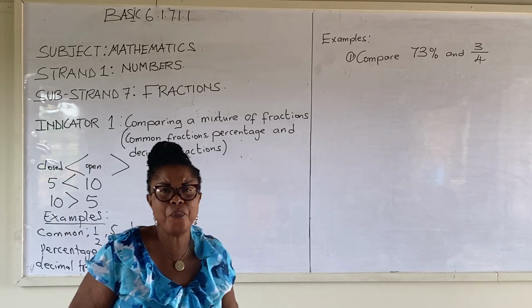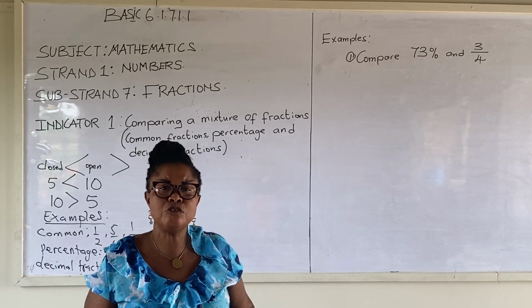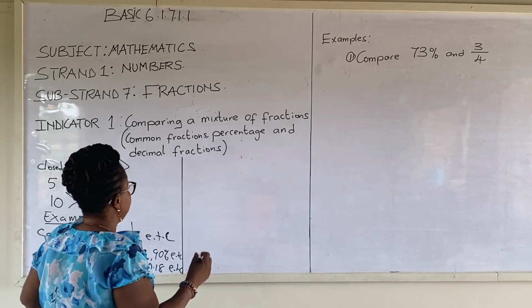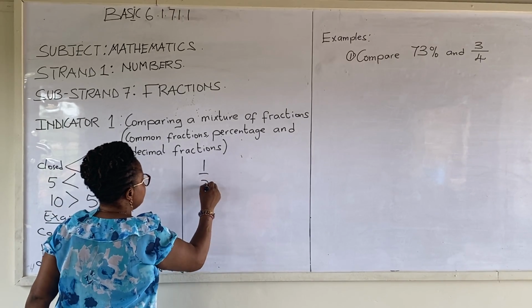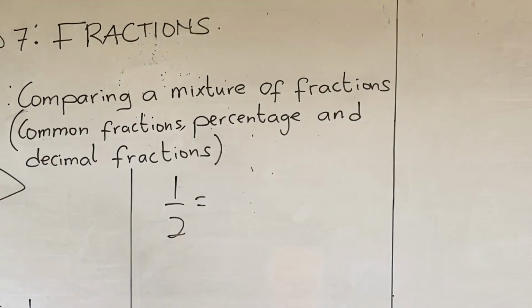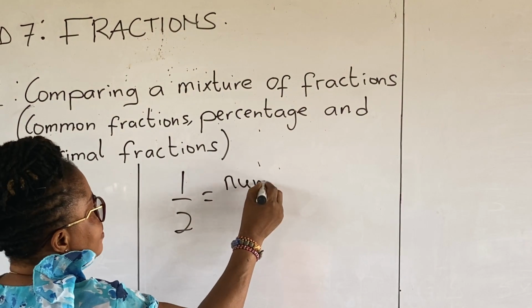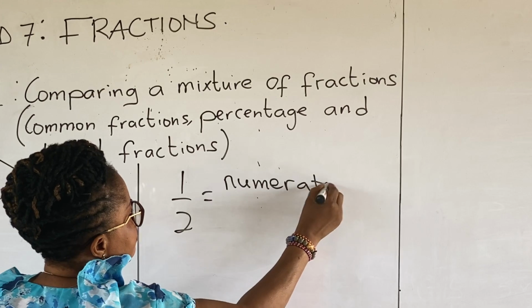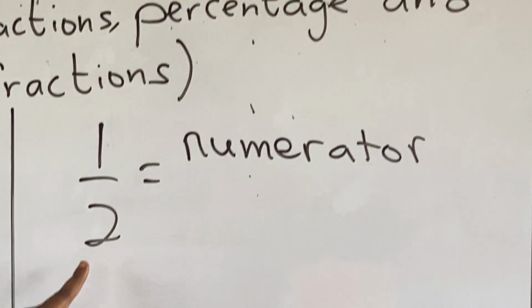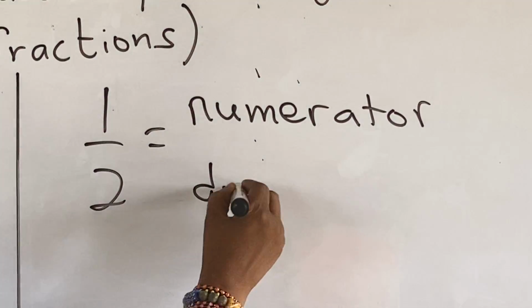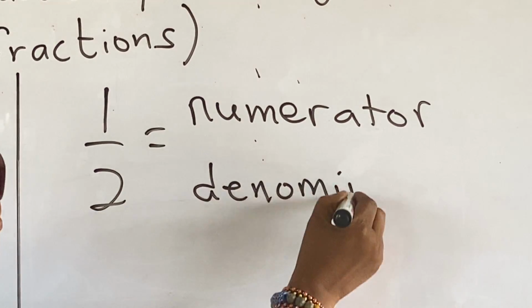And before we compare them, I want us to note something. This is a fraction. The top number is known as the numerator. The number below is known as the denominator.